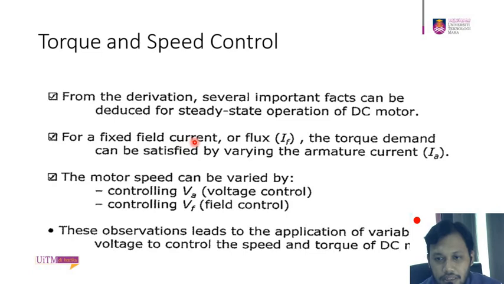For a fixed field current, or flux, the torque demand can be satisfied by varying the armature current, that is Ia. And the motor speed can be varied by, one, controlling Va, which we call voltage control, and two, controlling the Vf, which we call field control. This observation leads to the application of a variable DC voltage to control the speed and torque of the DC motor.